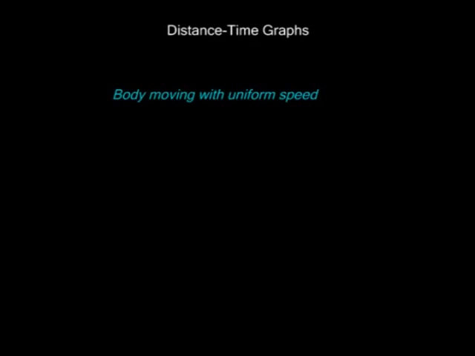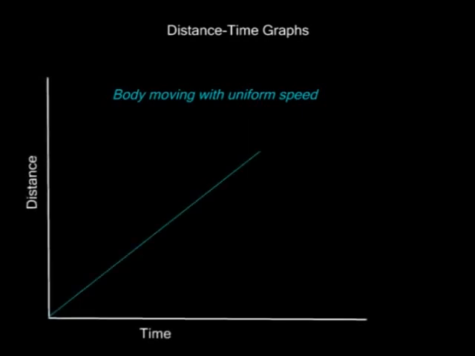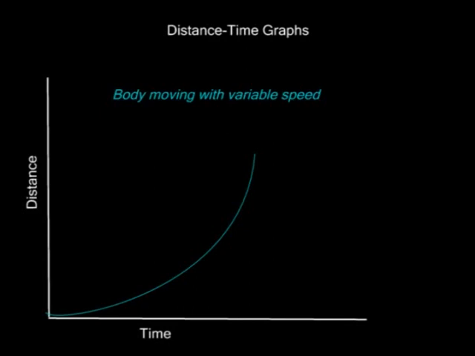The graph of distance against time is a straight line through the origin. If the change in the distance covered increases for equal time intervals, the distance time graph is a curve as shown on your screen.